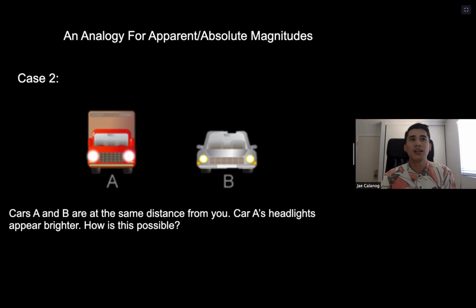Well, the only explanation for why that is because car A's headlights are actually brighter. In other words, car A is emitting more light than car B. Because now it's a fair comparison. They're at the same distance to you, so you've taken that factor out of the equation. So car A's headlights is simply just emitting more light than car B. Okay?